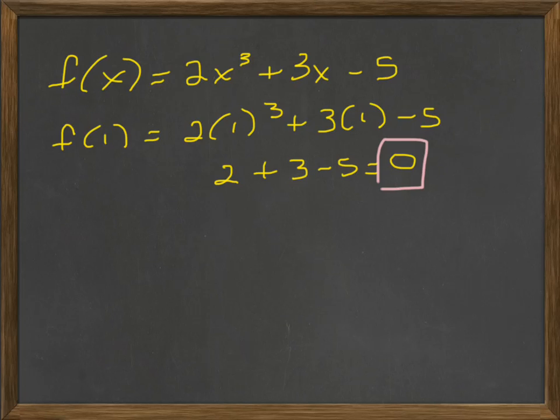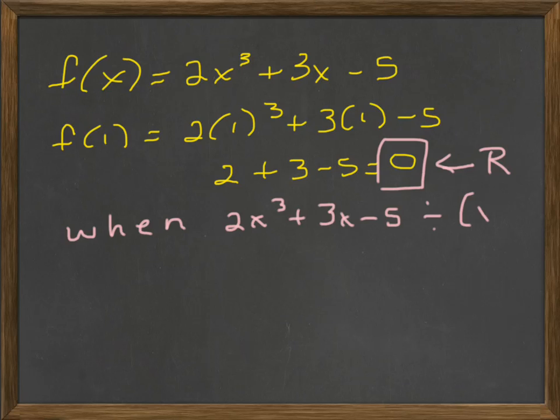Since the remainder is 0, we now know that if we divided 2x cubed plus 3x minus 5 by x minus 1, we would get a remainder of 0.